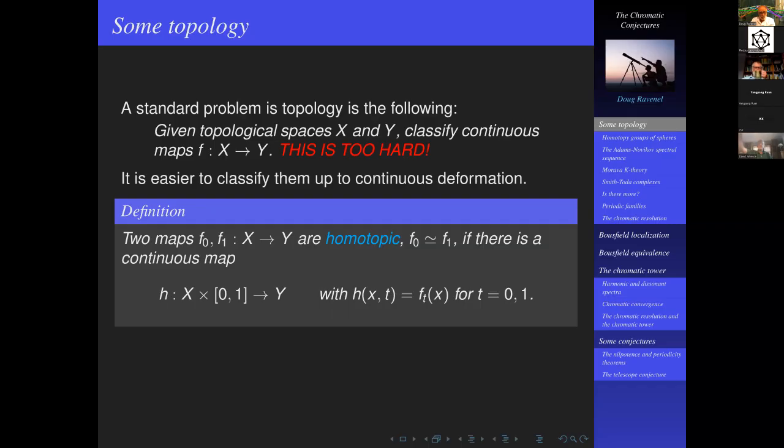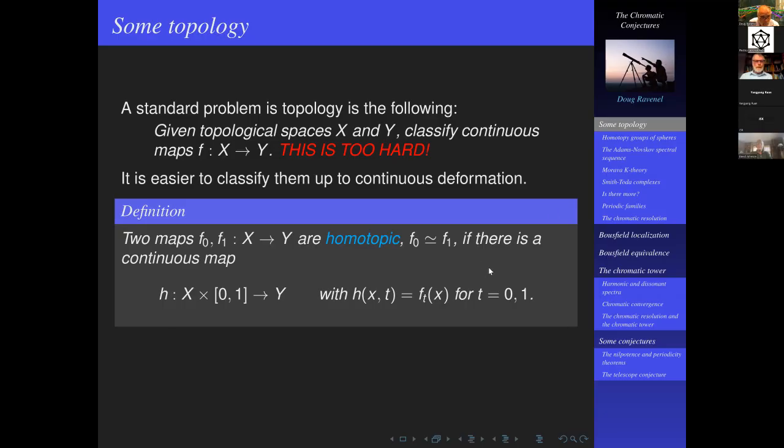We'll say that two continuous maps from X to Y are homotopic if there's a continuous map from the product of X with the unit interval into Y, such that when you restrict that map H to either end of the unit interval, you get the two maps that you started with.